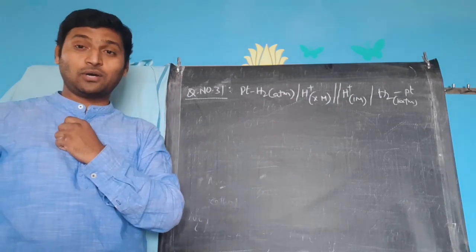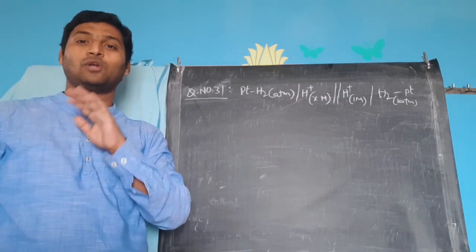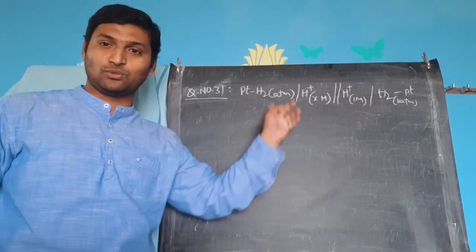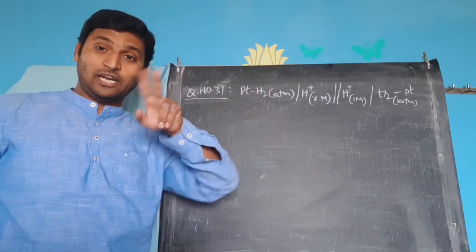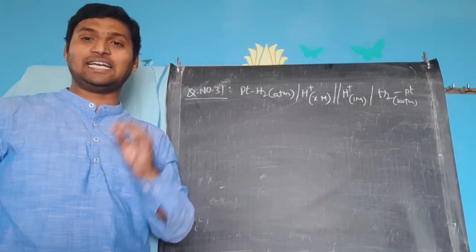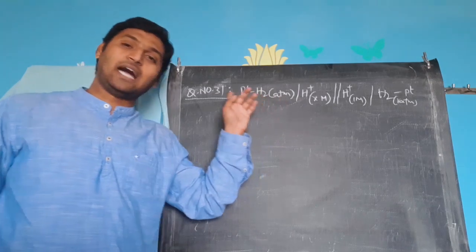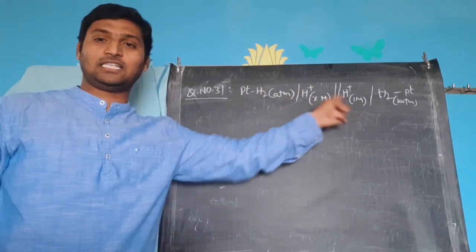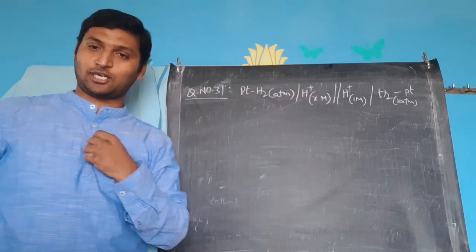Now, what do you call such galvanic cells? Hope you remember I discussed when the same electrode is used on both sides, due to difference in concentration the potential is generated, you call them concentration cells. So it is a concentration cell prepared using variation of concentration in H plus ion using hydrogen electrodes.